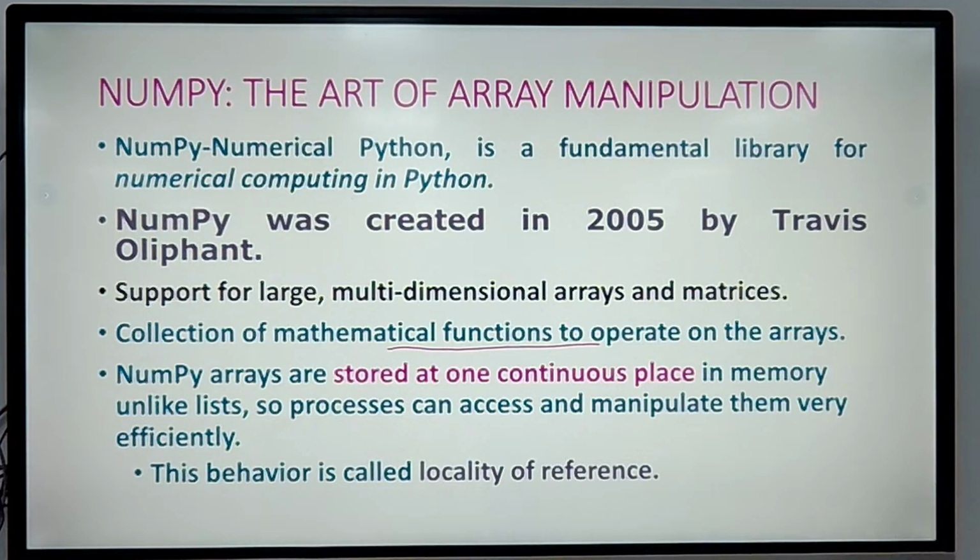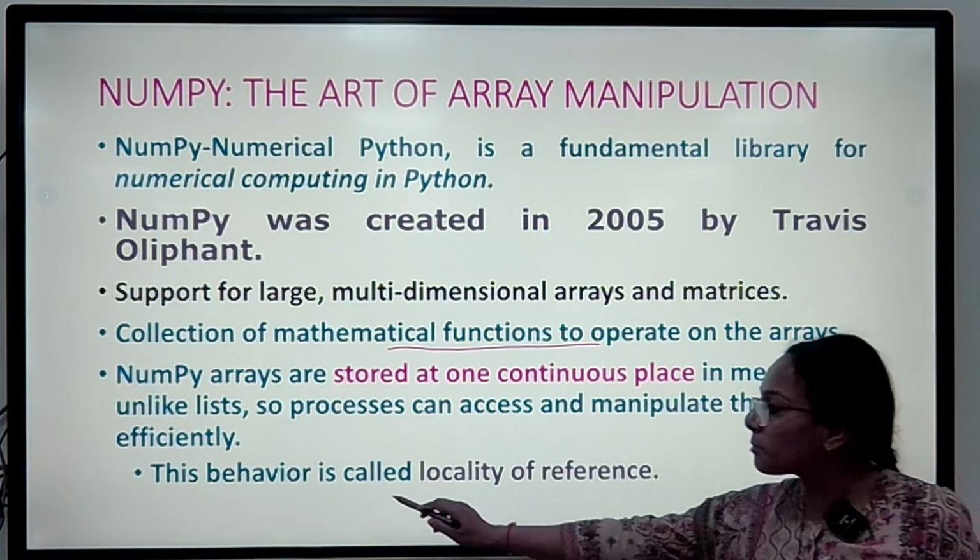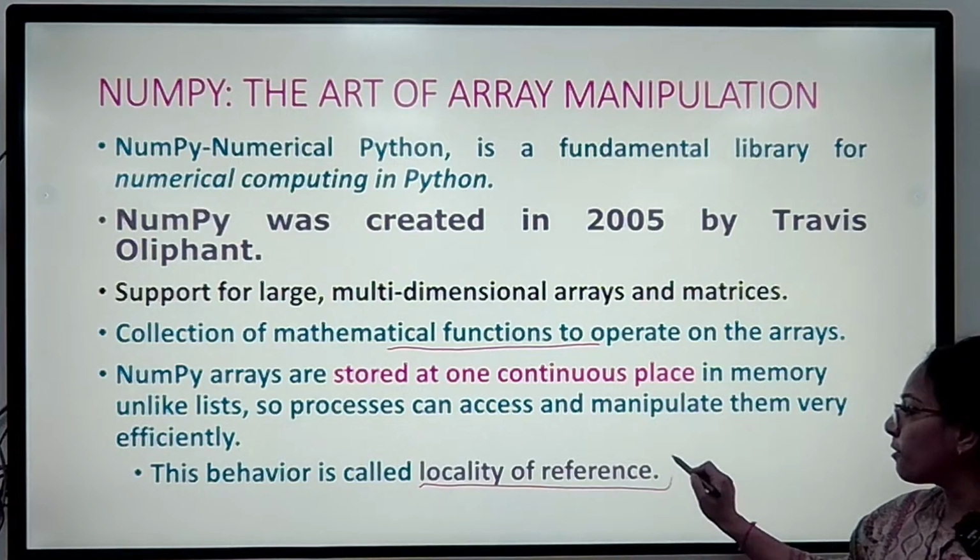Now, when we talk about the difference between Numpy and list, what is the difference? In Numpy, the data is stored in continuous memory locations. So it is easy to perform operations on large arrays because they are stored in one place. This behavior is called locality of reference.